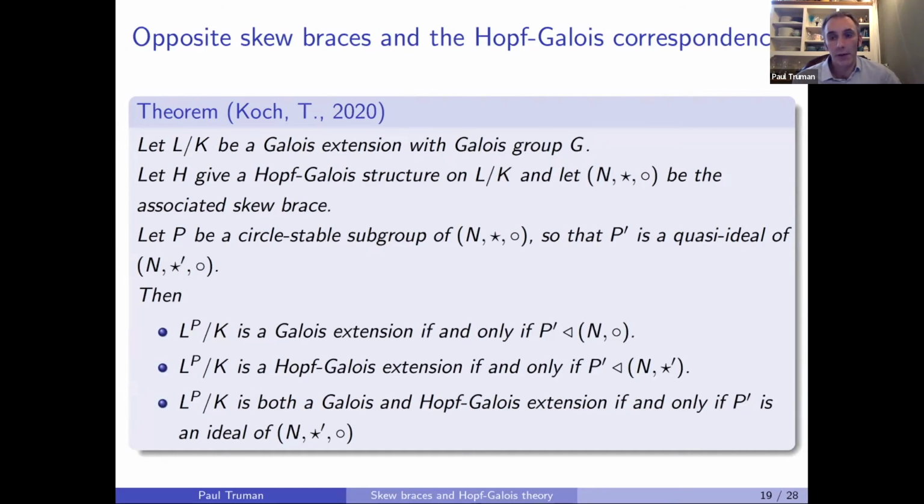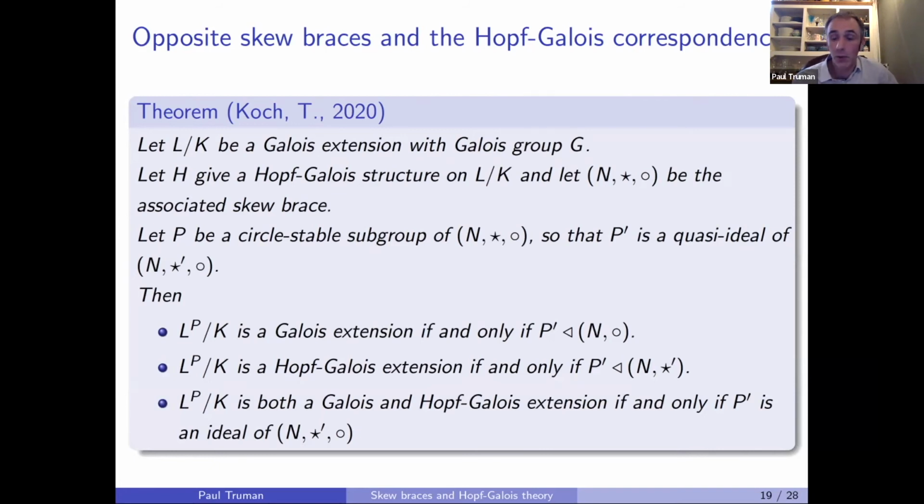If I've got some intermediate field that is in the image of the Hopf-Galois correspondence, then it's always true that I have a Hopf-Galois structure on L over the intermediate field. One of the things we were asking is, can you cook up a Hopf-Galois structure on the bottom part of the extension, the intermediate field down to the base field, and express that in terms of Greither-Pareigis theory? And it turns out you can.